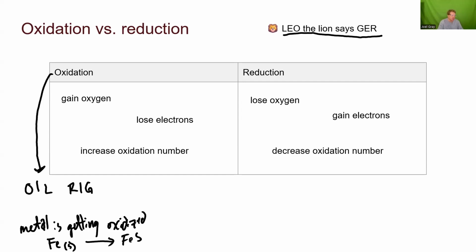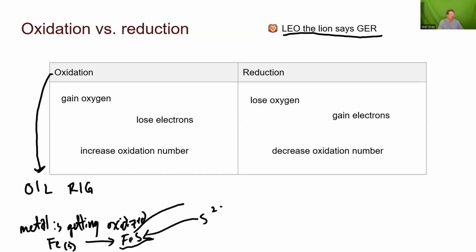Now, in order to do that, iron, this Fe, which has a charge of zero, so it has an equal number of protons and electrons, forms FeS. Well, if you look on the periodic table, you'll see that S has a charge of 2 minus.